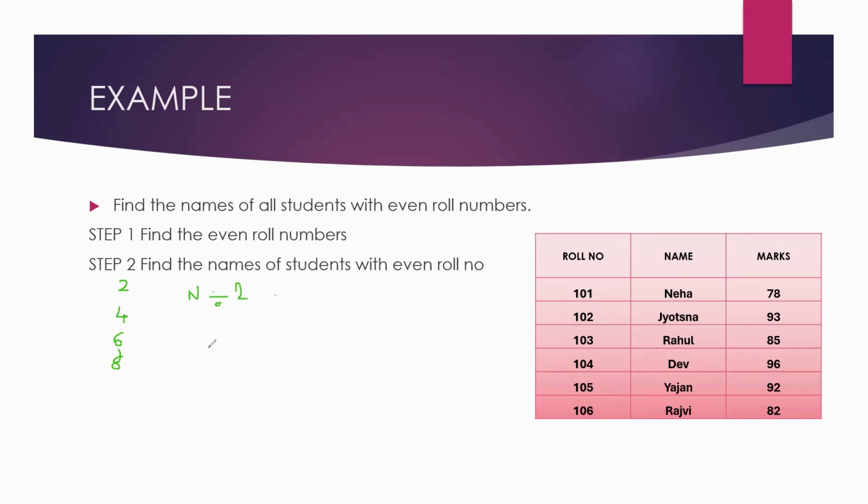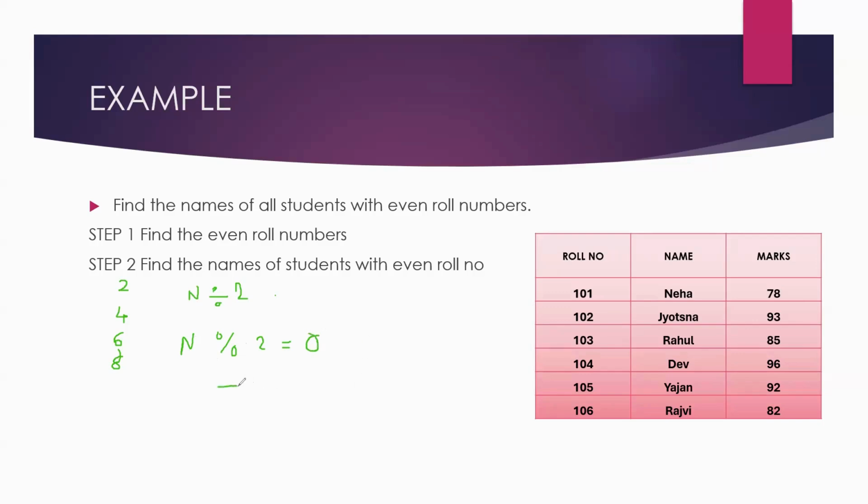But in programming language, if you want to find even numbers, we use the operator named modulus. Remember, we already learned about operators in our previous classes. So if you want to find out whether a number is even or not, in programming language we need to write number modulus 2 is equal to 0.